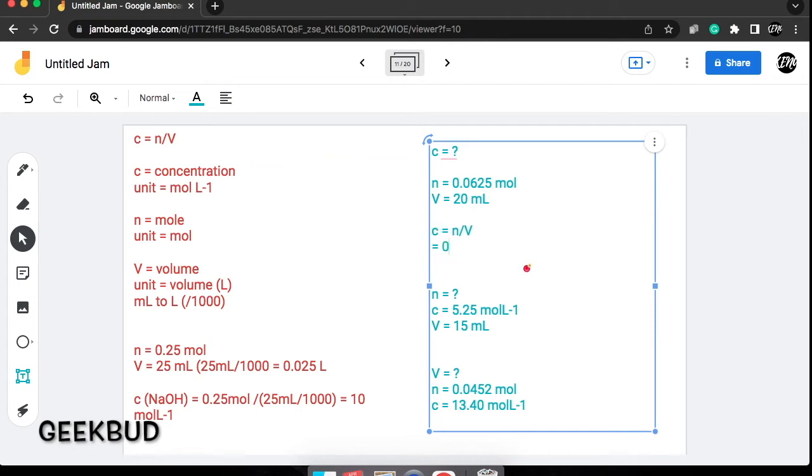it should be 0.0625 mole divided by 20 mL. And how I like to do it, I just convert it in the calculator.